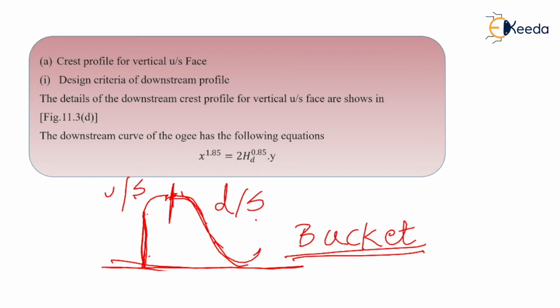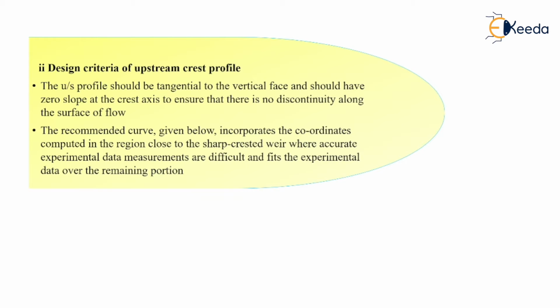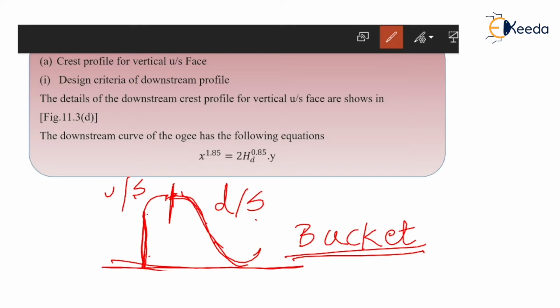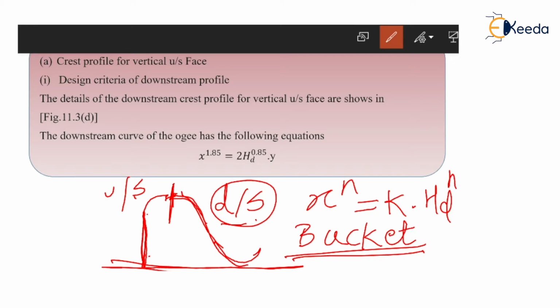So let's start. When your crest is a vertical one, for the design of the downstream profile, generally we have a basic equation in the form of x raised to n is equal to k into Hd raised to n minus 1 into y.